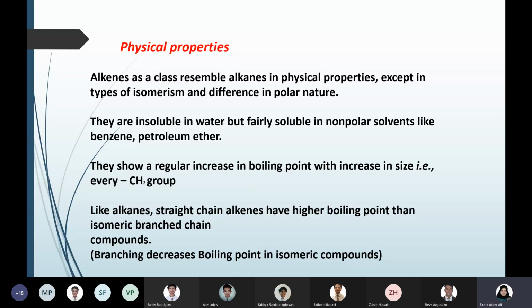Solubility is almost like alkanes, because alkenes are also hydrocarbons containing only carbon and hydrogen atoms. So polarity is the same. They are insoluble in water and more soluble in non-polar solvents like benzene and petroleum.